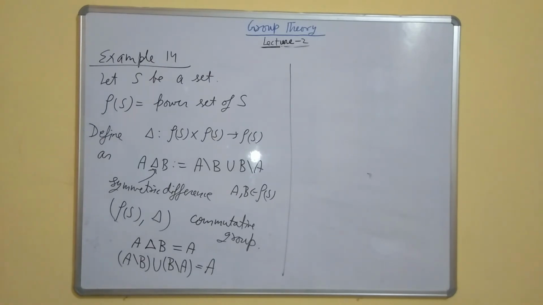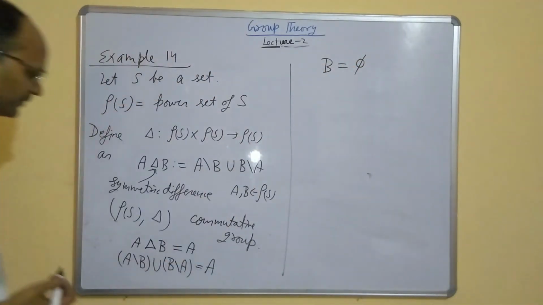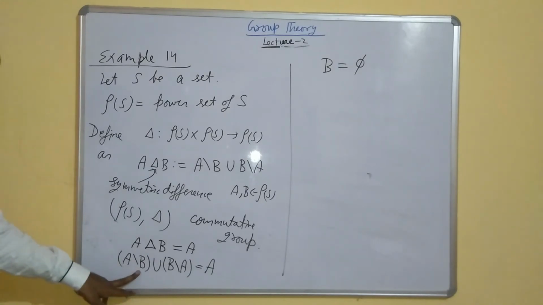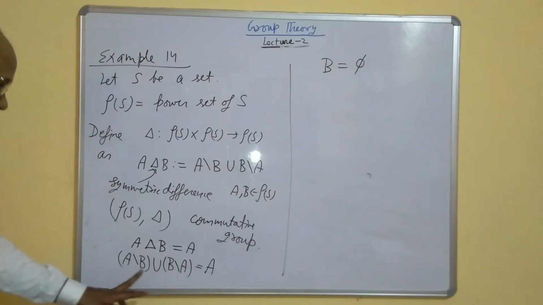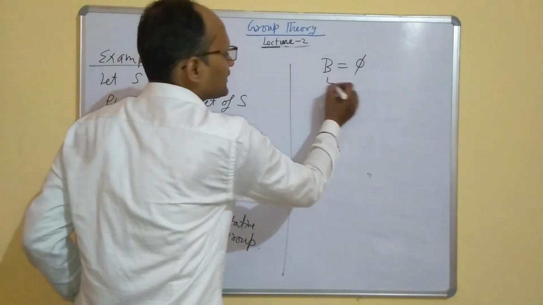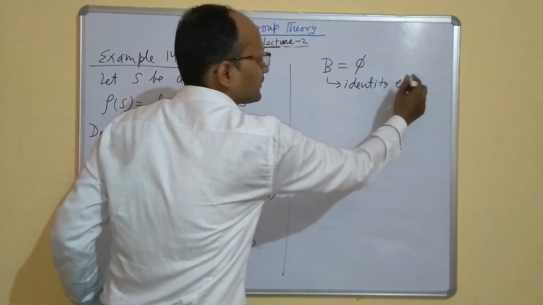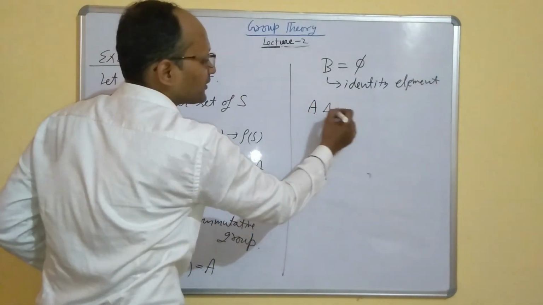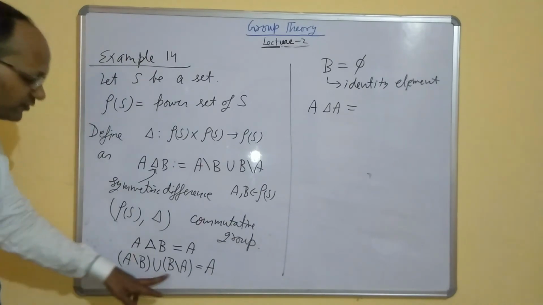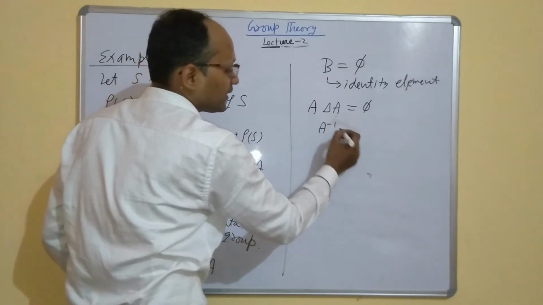So just check it, if I take B to be phi, then A minus phi is A and phi minus A is again phi, so the union will be A. So this element is working as identity element. And now what about A symmetric difference A? So you can say (A minus A) union (A minus A), so that is phi. So the inverse of A is always A.